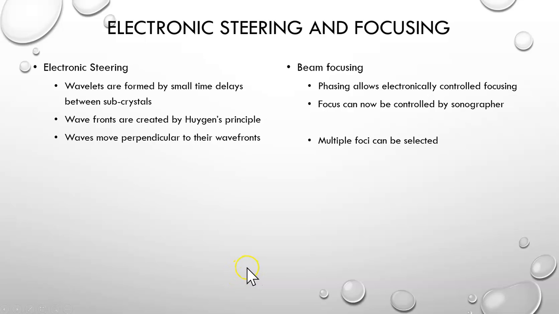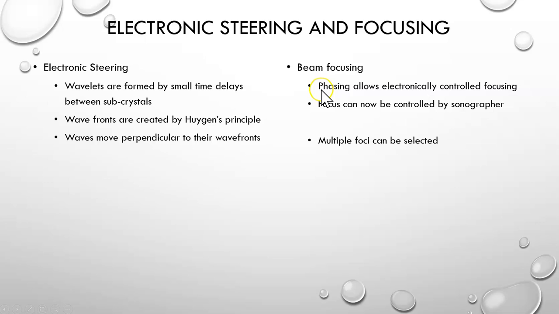So with electronic steering, Huygens wavelets are formed by small time delays between subcrystals. Wavefronts are created by Huygens principle, and the waves will move perpendicular to their wavefront. This is just like waves at a beach. The waves are moving in towards the beach, and the beach is perpendicular to that direction of movement of the waves.